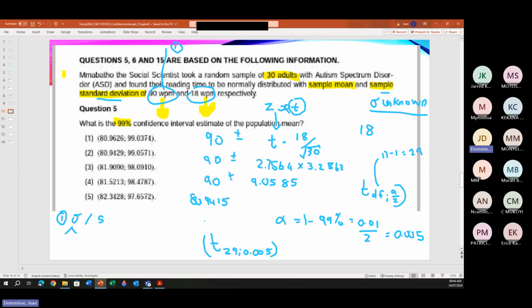Let me just see if I somewhere, and it might be with a rounding off even, made a mistake with this. 3,2863.